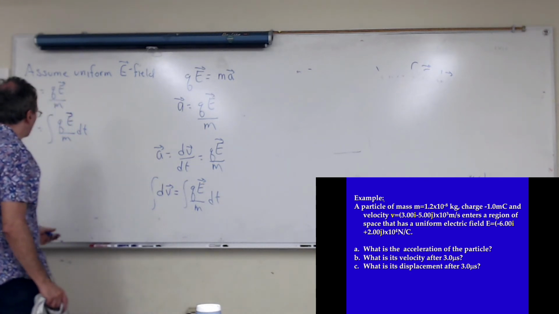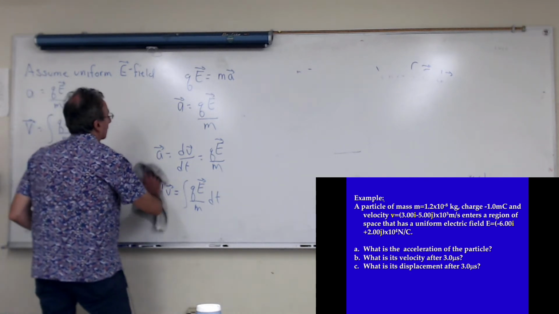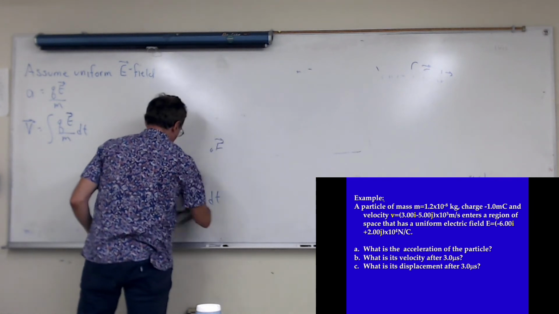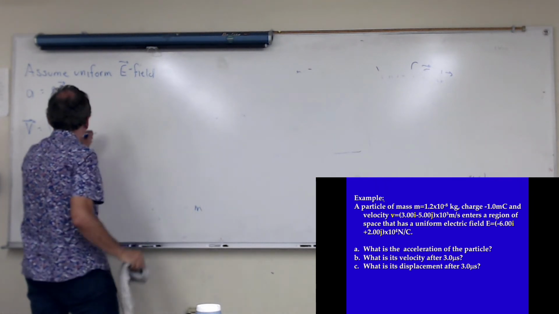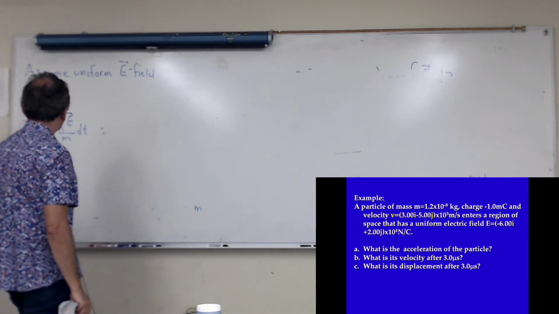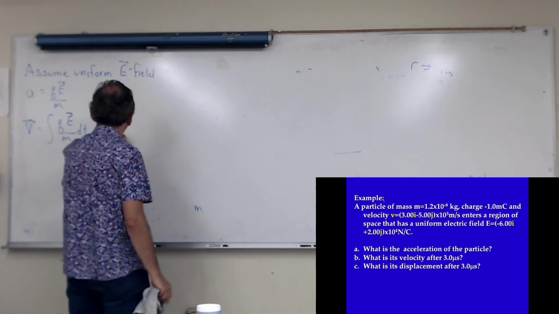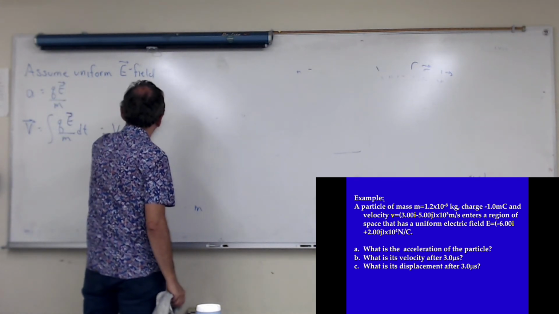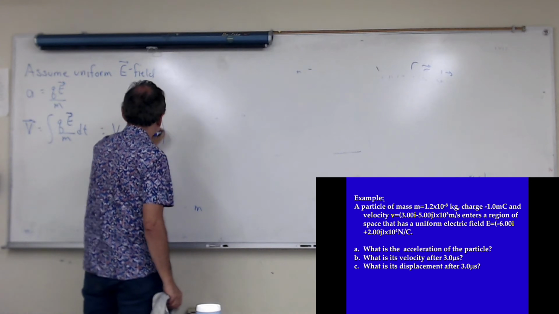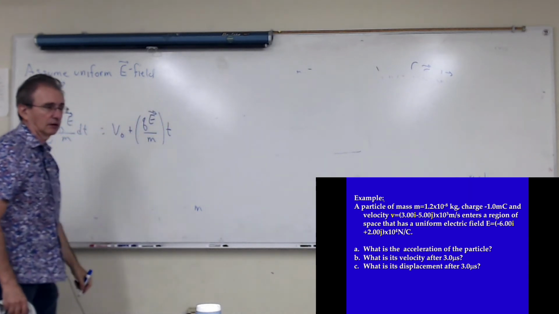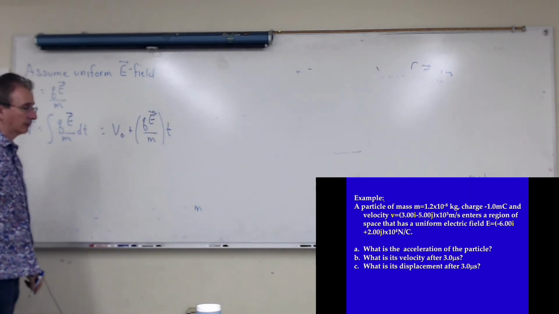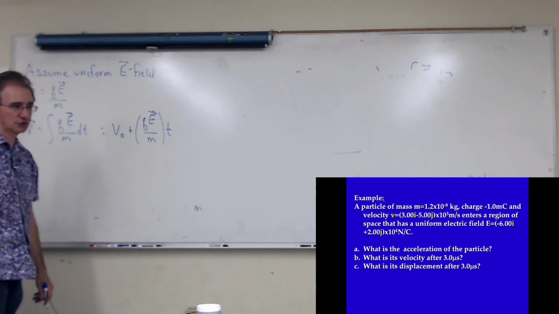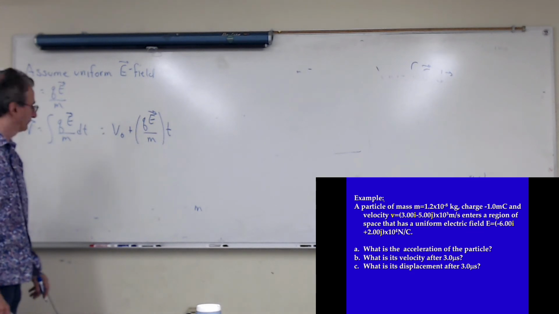If a is uniform, then this integral is easy. You're integrating a constant. You just get t out of it, plus your constant of integration, which will end up being your initial velocity.